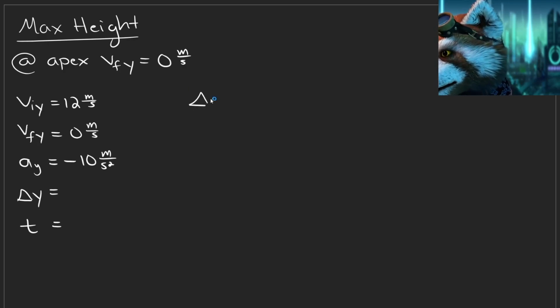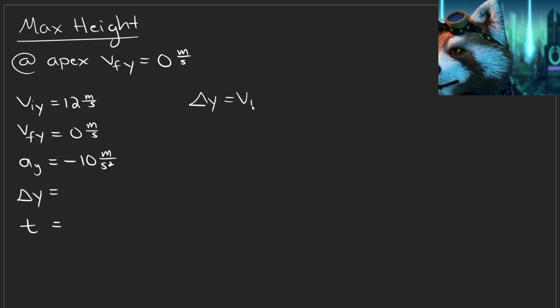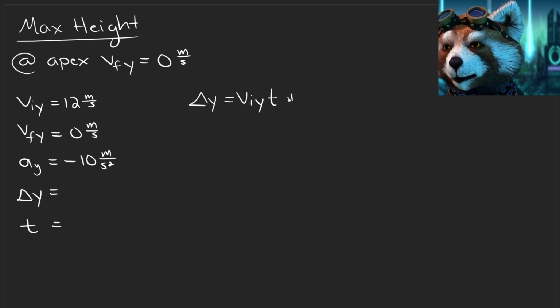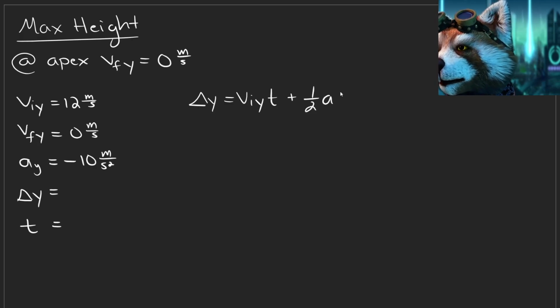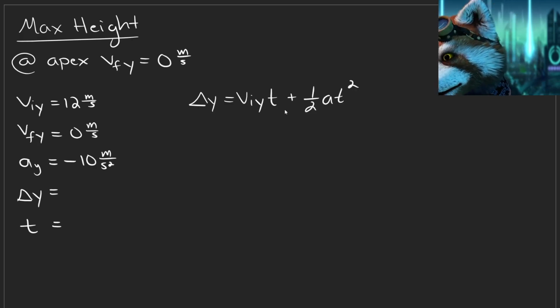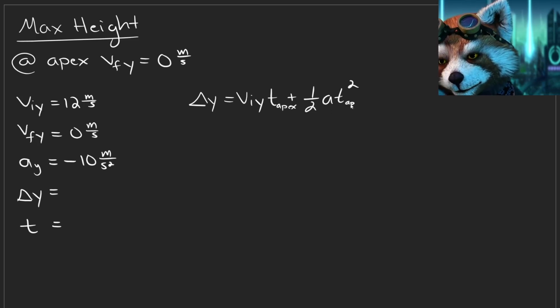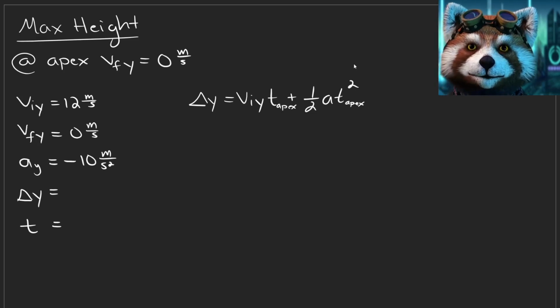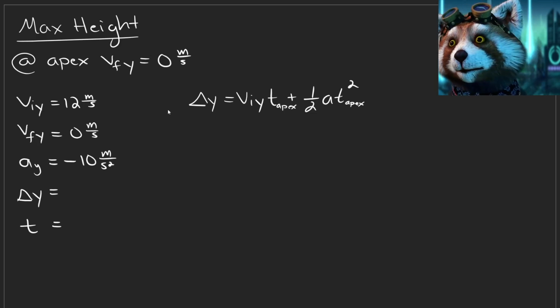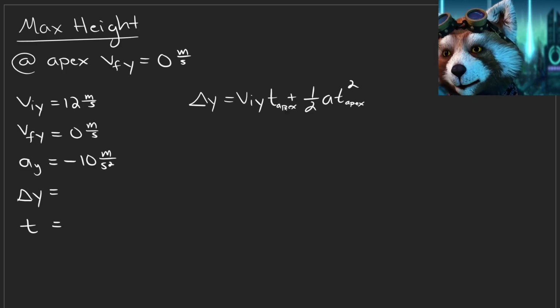So delta y equals velocity initial in the y times time plus 1/2 a t squared. Now, we have to be very careful. We are talking about the apex, not the total time. So if you wanted to find how high this thing goes, we're going to need to find time.